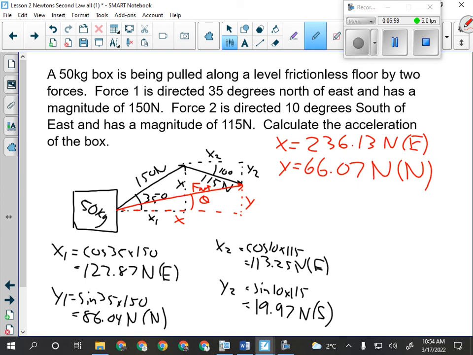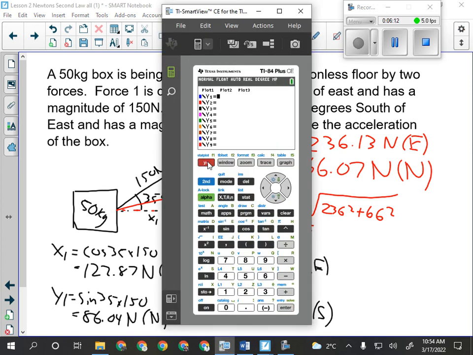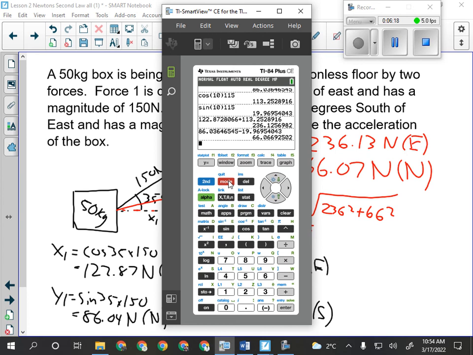Now I can find F net, or at least the magnitude of F net, using the Pythagorean theorem. So 236 squared plus 66 squared. Whoops, I don't want that. I want the square root.